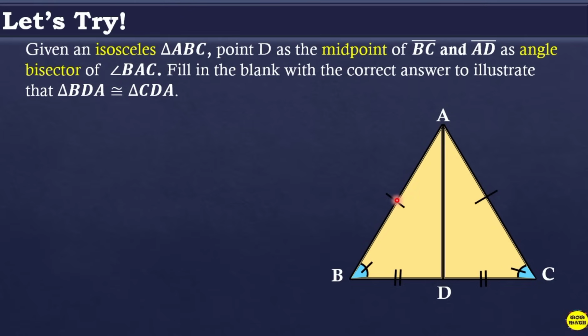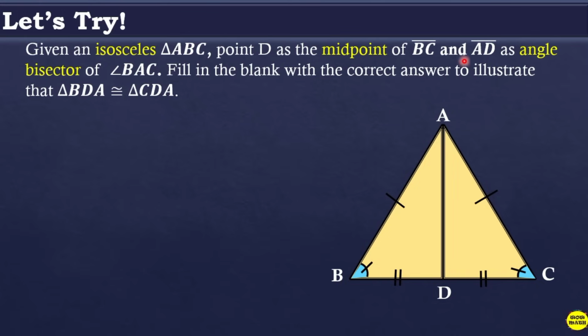Kapag ang triangle natin ay isosceles, etong two congruent sides niya, automatic yung opposite side, nabanggit natin kanina, yung opposite side ng congruent sides mo are also congruent. So, since isosceles ito, congruent yung sides niya, yung opposite angles nila, congruent din. So, kung congruent ito, congruent din ito. Kasi yan ay opposite angles nila.